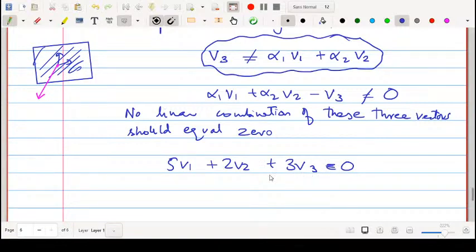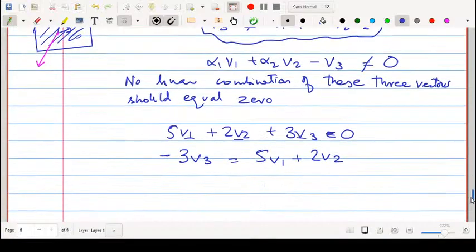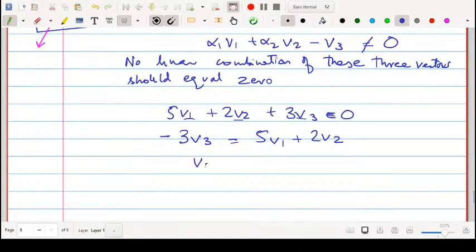Then I have a problem, because minus 3v3 equals 5v1 plus 2v2, and then I can take minus 3 to the other side and say v3 is minus 5 upon 3 v1 minus 2 upon 3 v2.